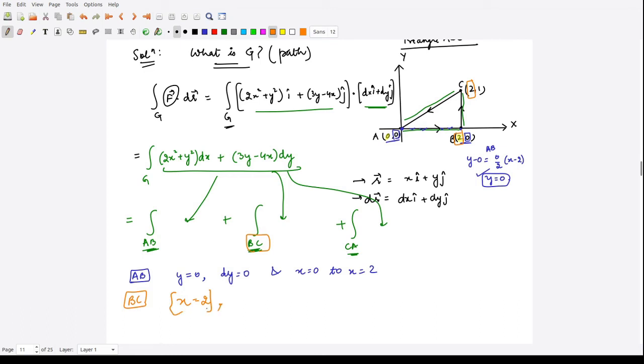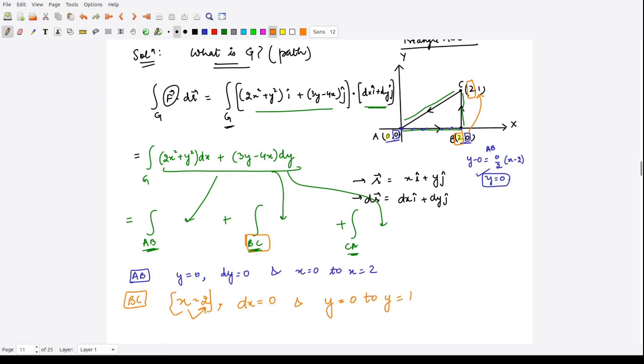Now if x is equal to 2, that means its derivative dx would be equal to 0, because this is a constant quantity here. So if you differentiate it, it would be 0. Next we have to look at what are the limits for y, because we also have to look at what happens to y. So y is shifted from the point y equal to 0 to the point y equal to 1.